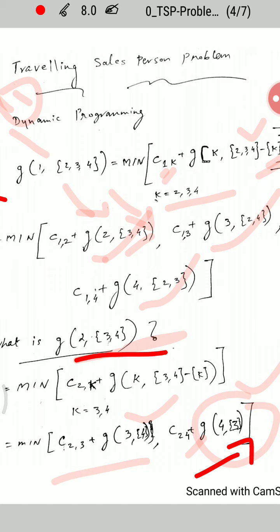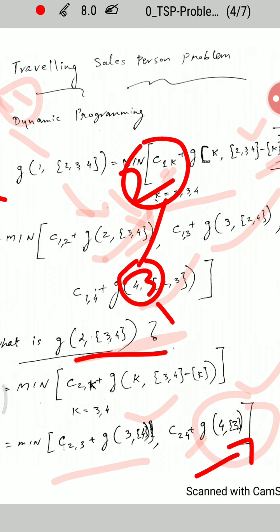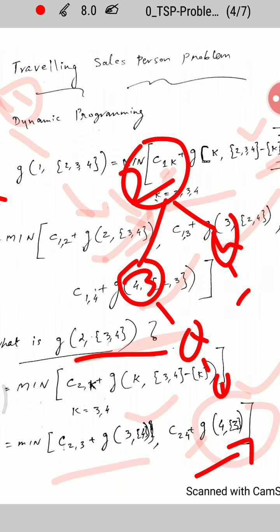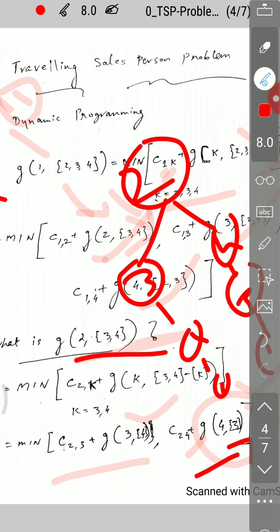Okay, what we are calculating here, actually, we are at 2, we have visited 2 and which is minimum: 3 then 2 4 1, is this minimum, or 2 then 4 3 1, which is minimum, we are calculating that.